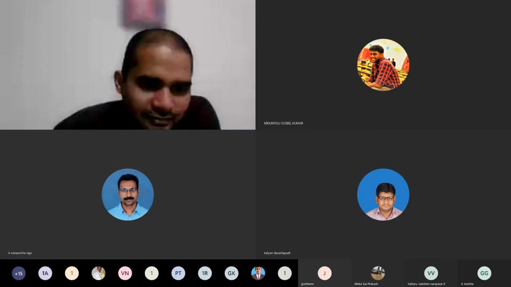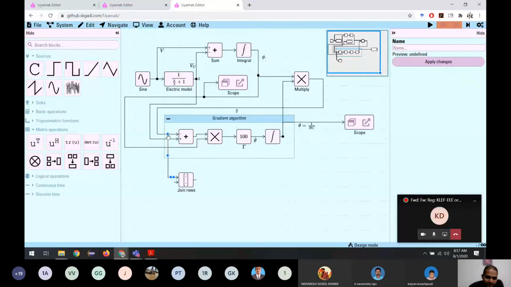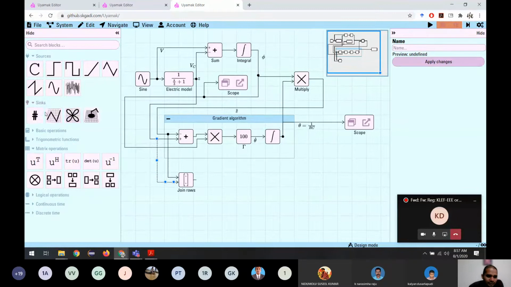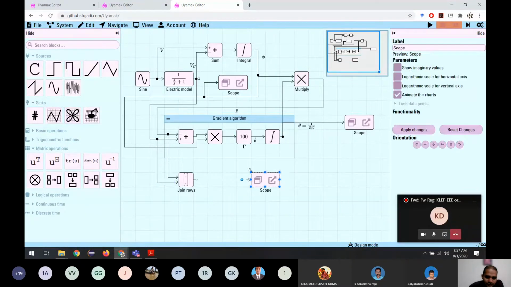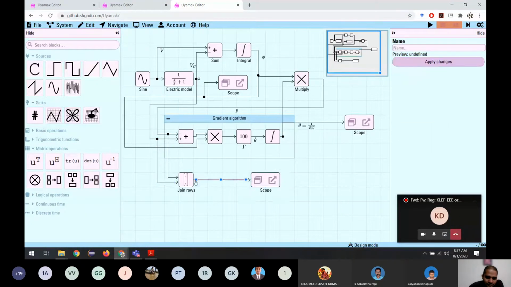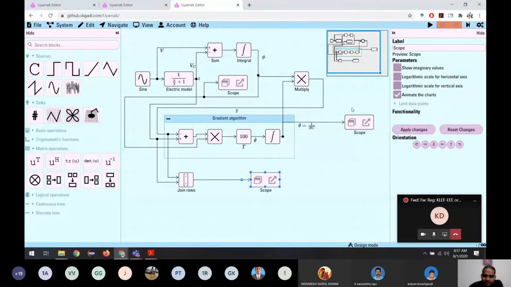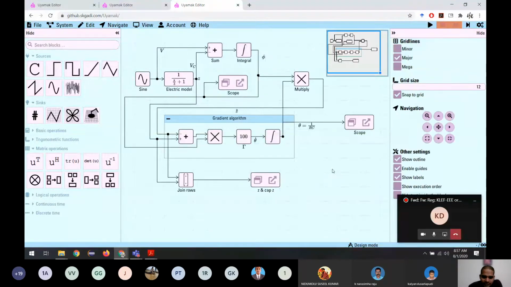Let us see by checking both z and z cap that both are converging, both are going to the same value as the time progresses. So this is z and z cap.